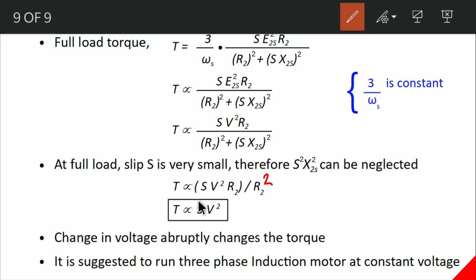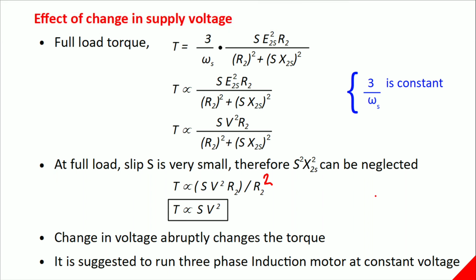If slip increases, the motor will draw more current from the lines, and protective devices may switch off the motor. So the effect of the change in supply voltage is taken very seriously in three-phase induction motors, because three-phase induction motor torque is very sensitive to the supply voltage. Therefore, it is suggested to run three-phase motors at constant voltage.